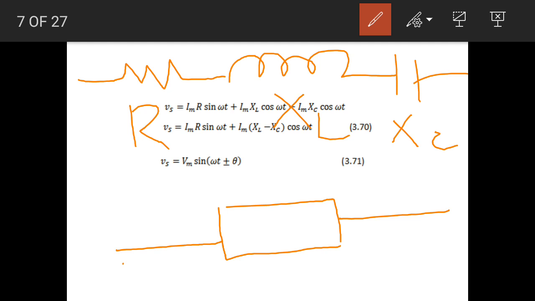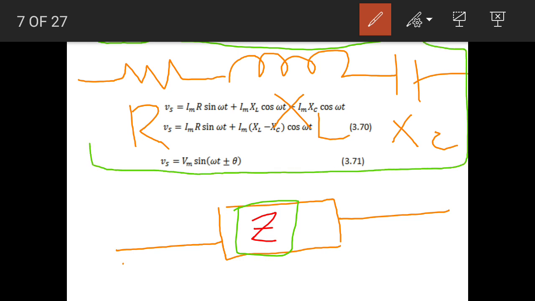We represent this single passive circuit element by a box, and the resistance of this single passive circuit element is represented by Z. We assume that the resistance of this single passive circuit element is equal to the impedance of this series combination. What is impedance? Impedance is the total resistance which is offered by the series combination of these three passive circuit elements to the flow of AC current.